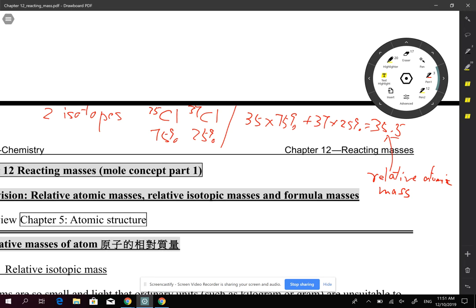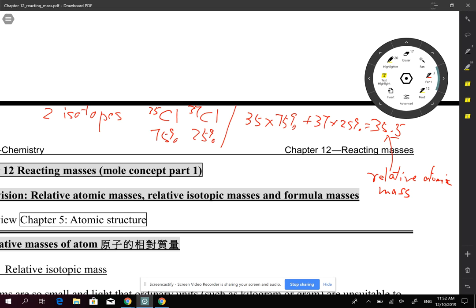We cannot separate those two isotopes because they have similar chemical properties. So in the real case, if you have chlorine, there will be 75%, the mass is 35, and 25%, the mass is 37. They both exist in a sample of chlorine. So we can just use the average value of the mass to represent the mass of every atom.